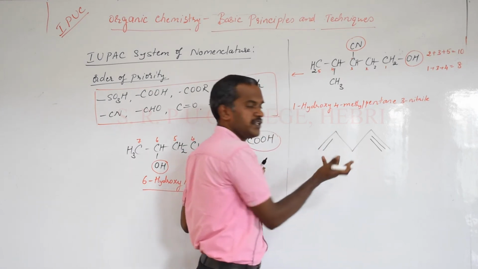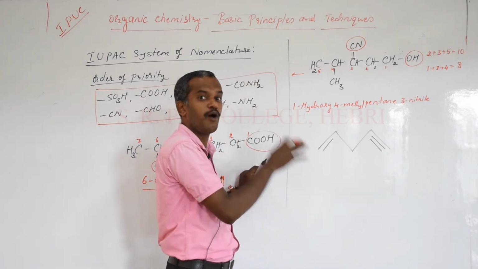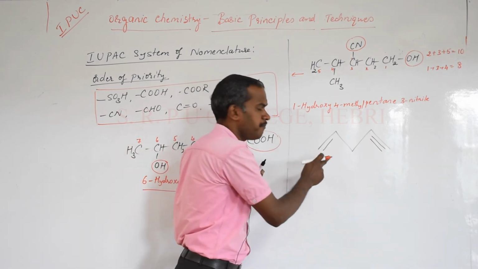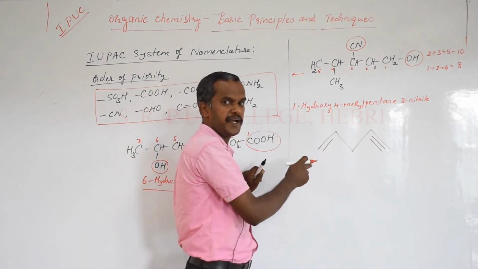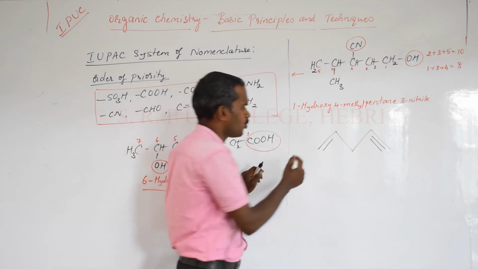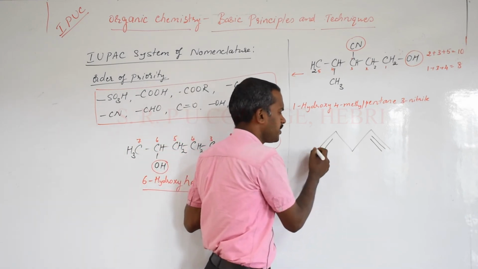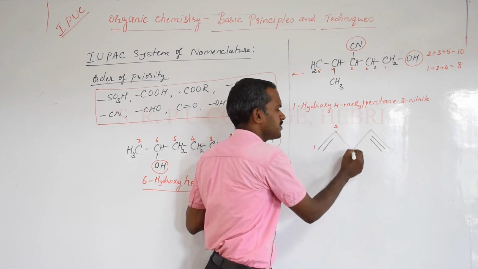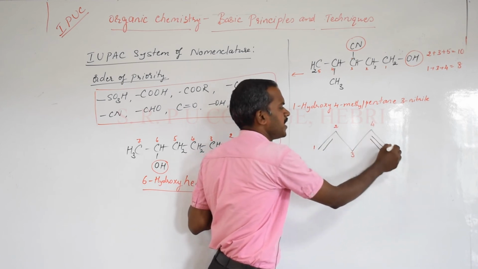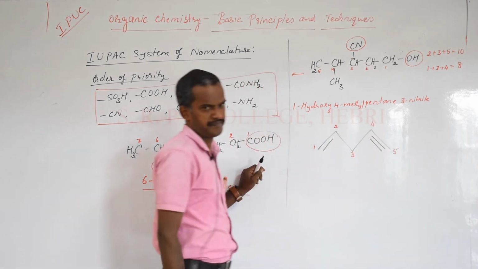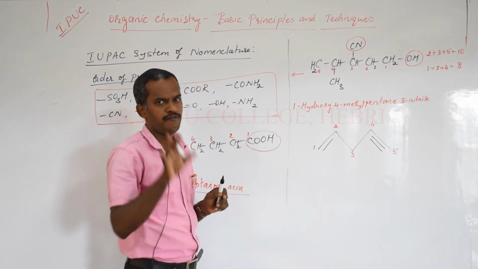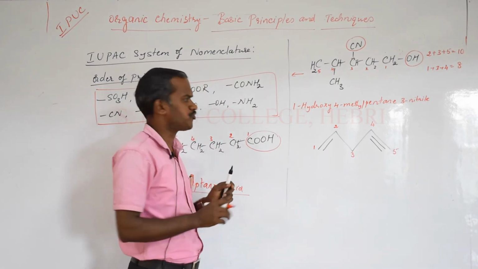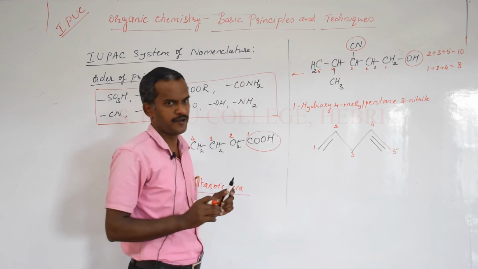Don't think, what is this? This is actually a bond line representation. When you number the carbon atoms in the parent chain, you will get an idea of what it is. So giving importance to the double bond, we start numbering from here. It is the first carbon atom, second, third, fourth, and this is the fifth carbon atom. So it has 5 carbon atoms in the parent alkane chain, so it becomes pent.